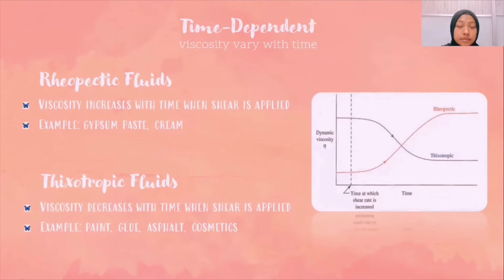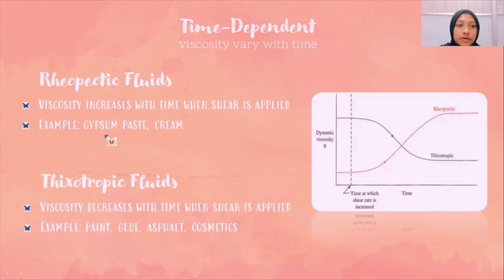Next is time dependent. Time dependent means the viscosity varies with time. The left part of the curve shows stable viscosity when the shear rate is not changing. Then, when the shear rate changes, the viscosity also changes. Rheopectic fluids, as you can see here, have viscosity that increases with time when shear is applied.